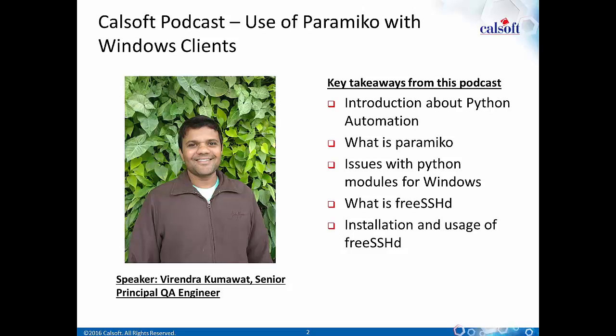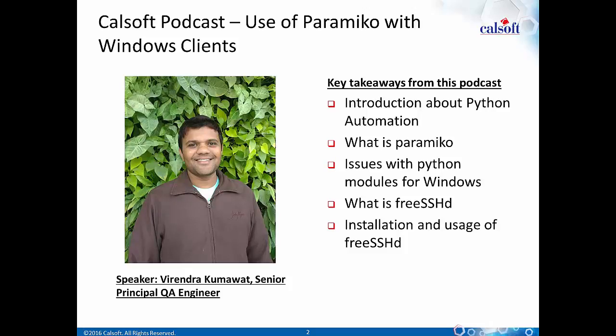Okay, you mentioned the Linux module, right? Obviously, today's topic being the Windows module, what are the issues with existing Python modules for Windows? As I already mentioned, the Paramiko module works with the SSH-v2 protocol. So if your server is running an SSH service on its system, you can use the Paramiko module.